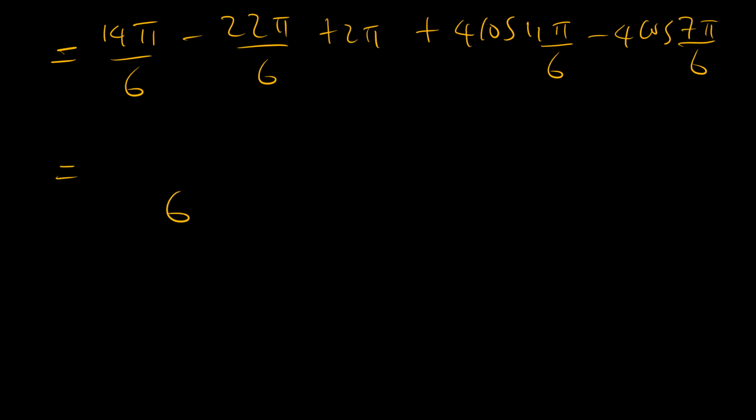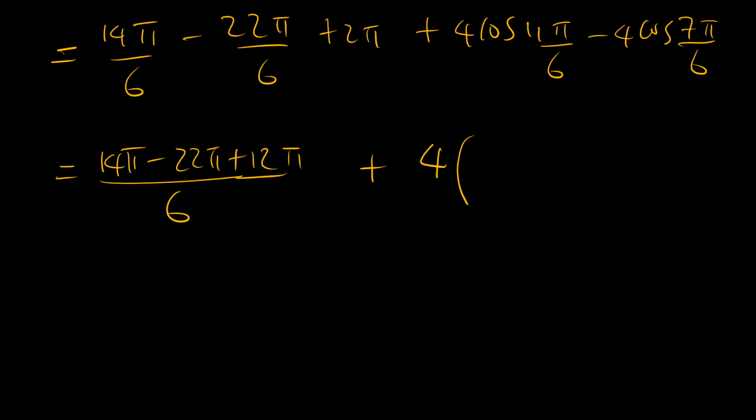So over 6, 14 pi minus 22 pi plus 12 pi plus cosine, so this becomes 4 times root 3 over 2 minus, this is negative root 3 over 2.